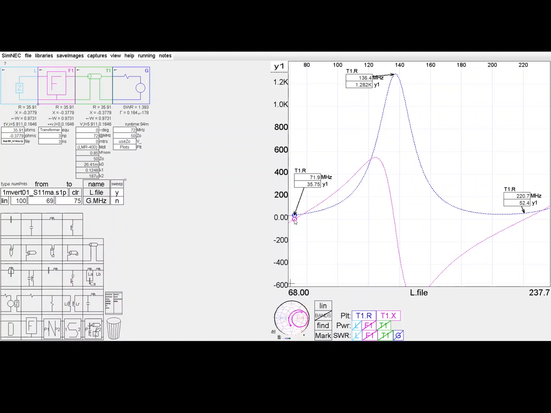It crosses 0 again at about 136 megs, and it crosses 0 again around 220 megs. So the first and the third of those are series resonances because the resistance is low. The second of them is a parallel resonance because it's very high resistance associated with the zero crossing of X.